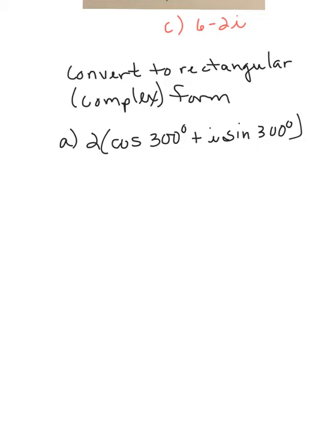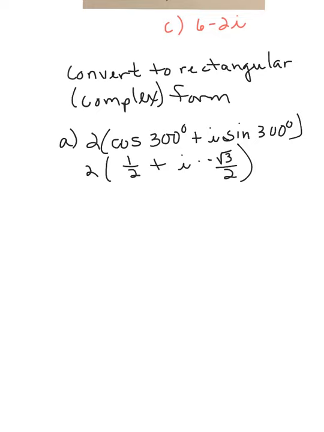You have to do a callback on your unit circle again. You leave the 2 out front right now. We know from the unit circle that the cosine of 300 degrees is 1/2, plus i times, we know that the sine of 300 degrees is negative square root of 3 over 2.